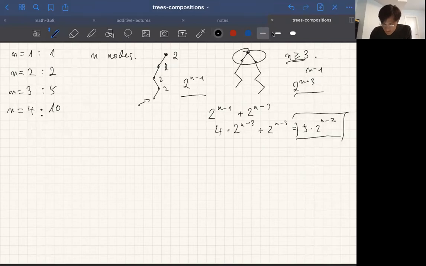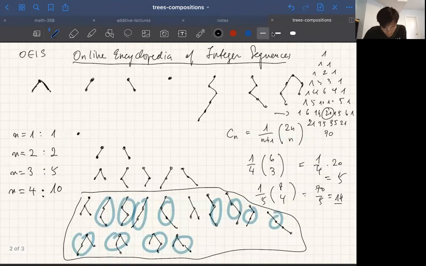But it would say that when n equals 5, you have 2 to the 3 times 5, and that's 40. Is the next one 40? N equals 5, 40. I don't actually know, and I'm not sure I want to draw a bunch of trees to find out.